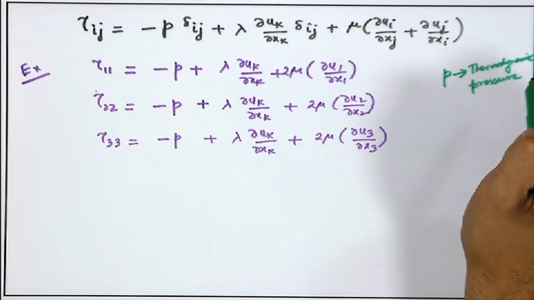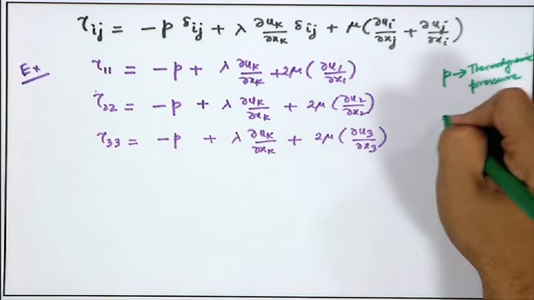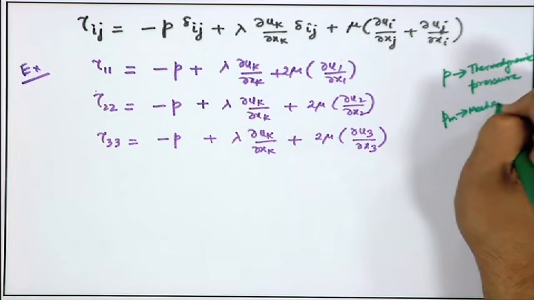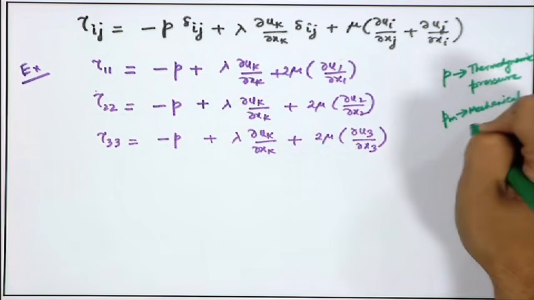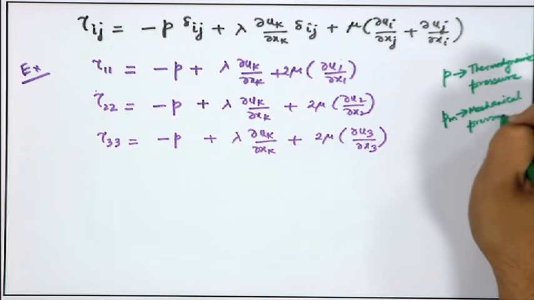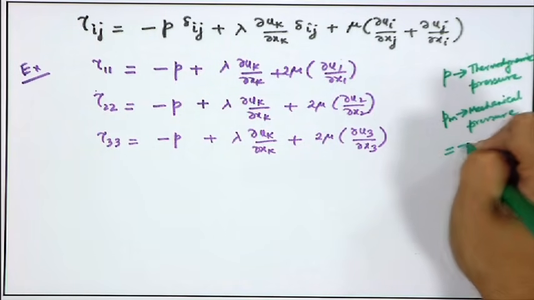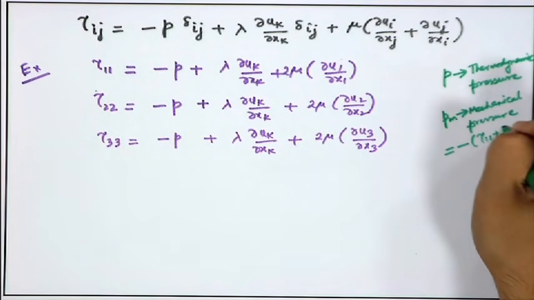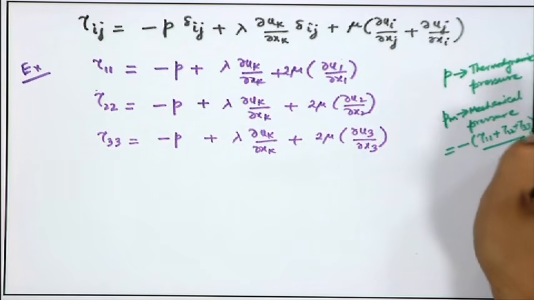But there is also another terminology, called mechanical pressure, which is defined as minus of tau 11 plus tau 22 plus tau 33 divided by 3.